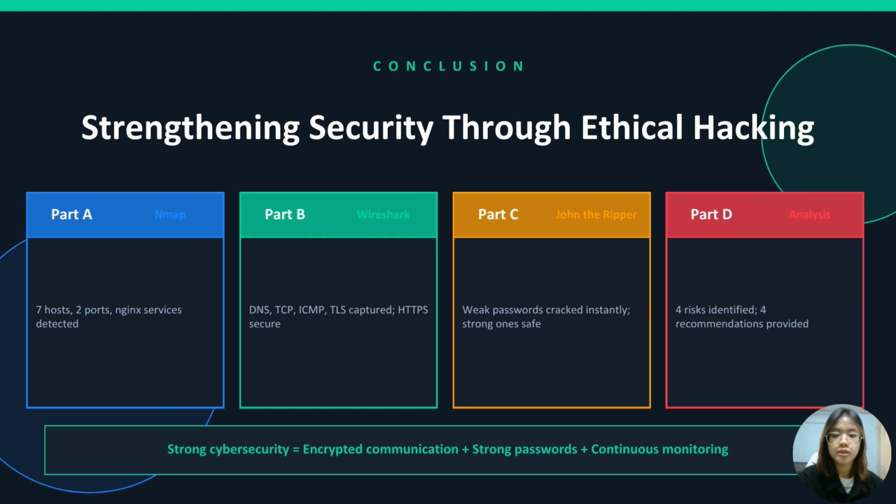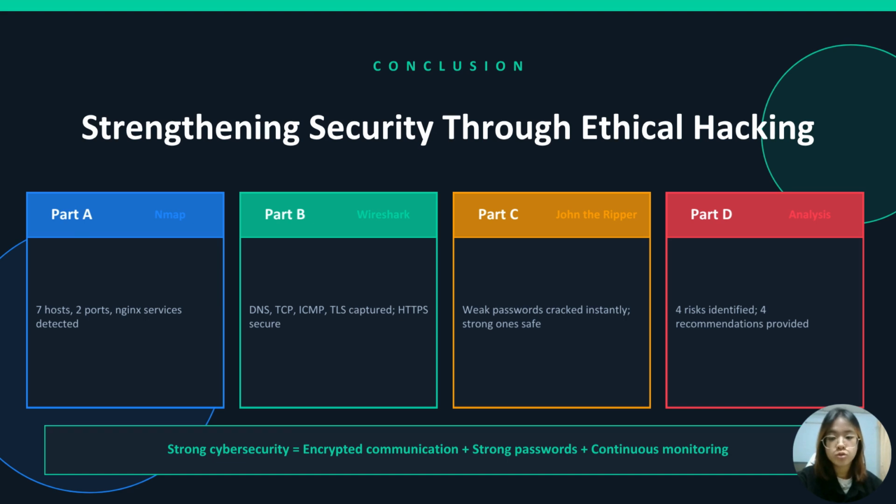In conclusion, this assessment demonstrates how ethical hacking techniques can be used to identify and evaluate security weaknesses in a network environment. Nmap was used to discover network devices, open ports, and running services. Wireshark was used to analyze network traffic, including DNS, TCP, ICMP, and TLS communications. Then John the Ripper was used to demonstrate the difference between weak and strong passwords.